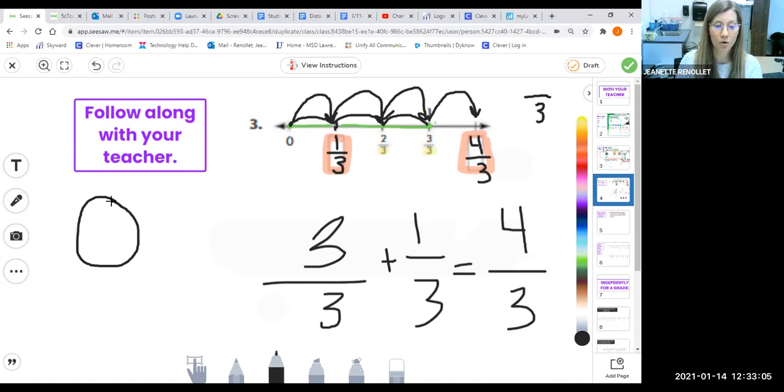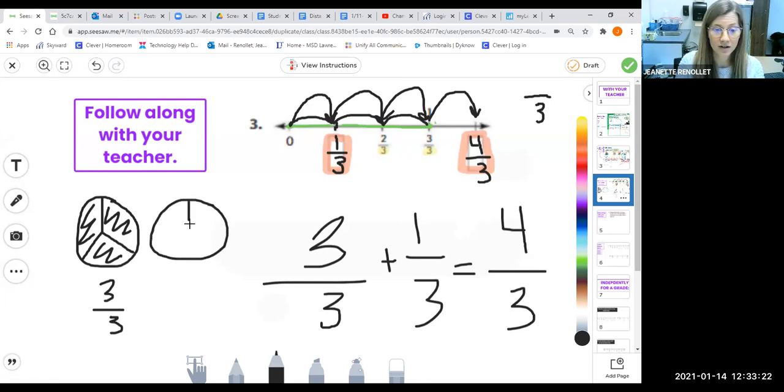If you have 1 whole and it's cut into thirds, and you have eaten all these pieces, you just ate 3/3 of the cookie. But then you spy another cookie and you decide, I'm going to eat one more part.